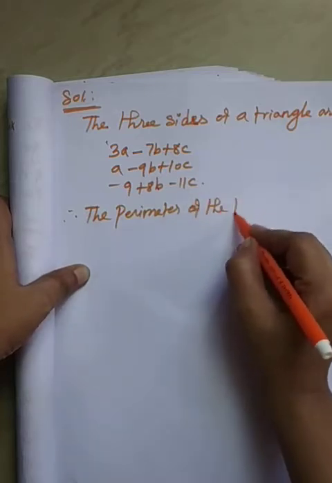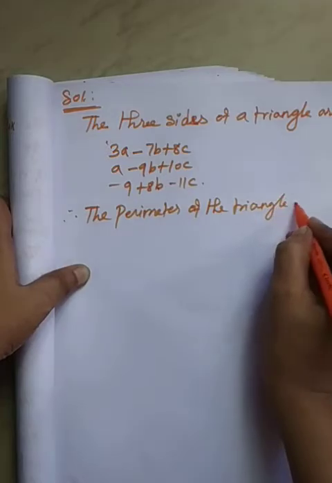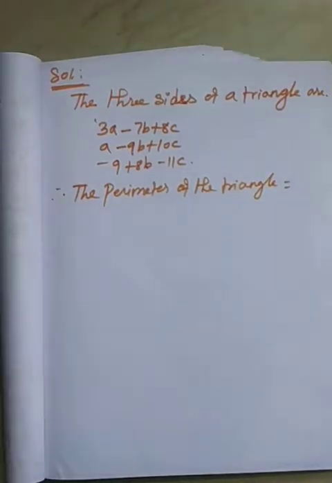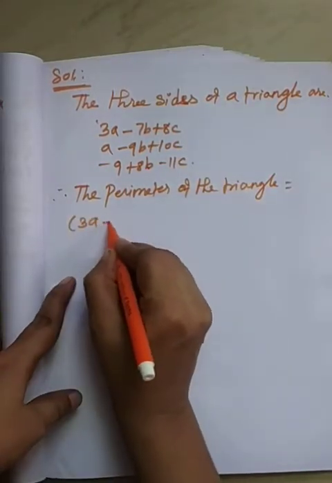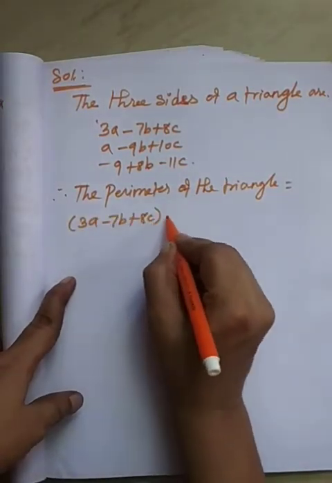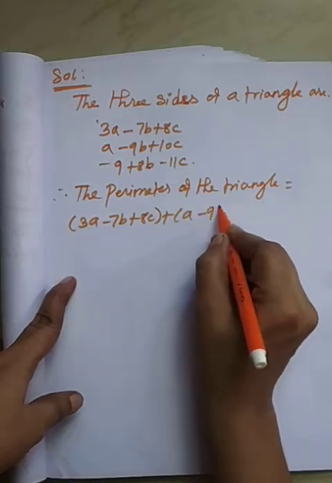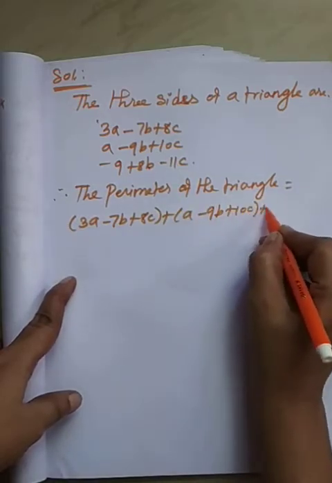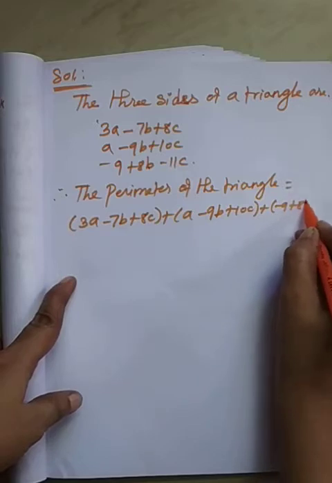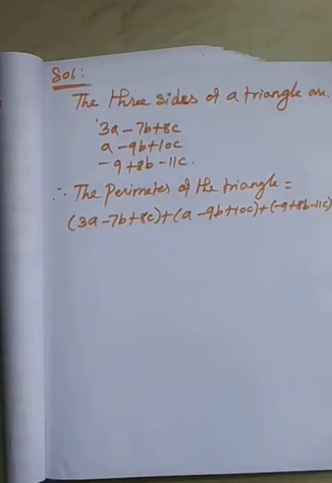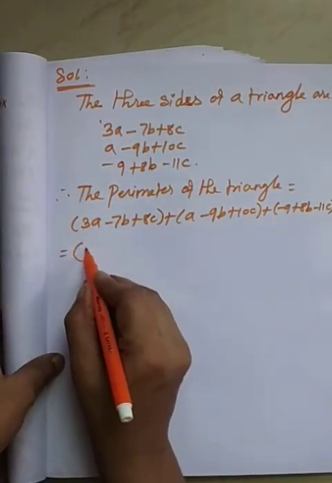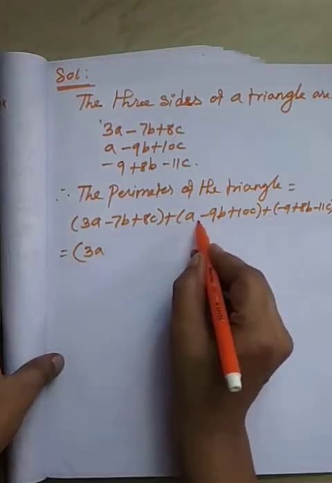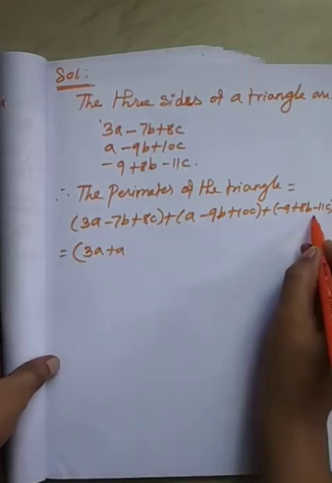the perimeter of the triangle is equal to, now you can add all. See here, 3a minus 7b plus 8c plus a minus 9b plus 10c plus minus 9 plus 8b minus 11c. First of all you have to arrange this. First the a term: 3a here plus a, here a is not there.